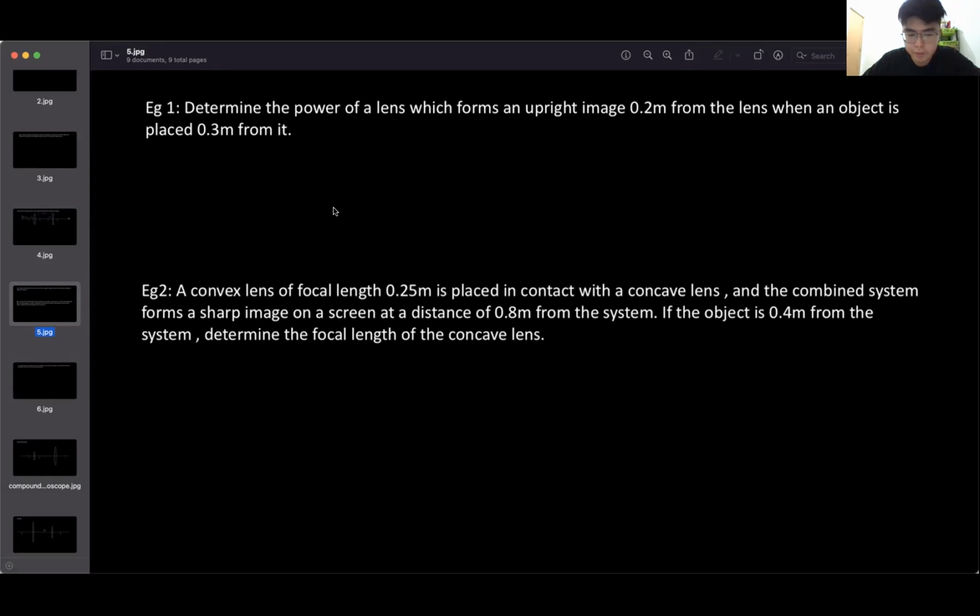Add the arrow, Naomi, the light direction. Yeah, the rest is okay. And yeah, Kim, you need to use a ruler. Make sure you use a ruler in the exam.